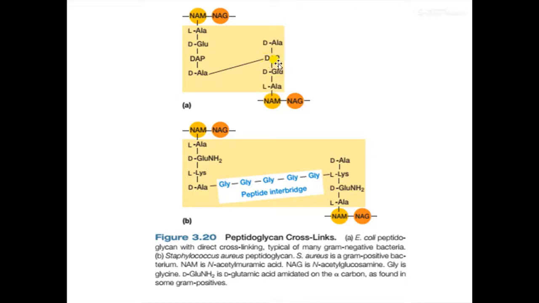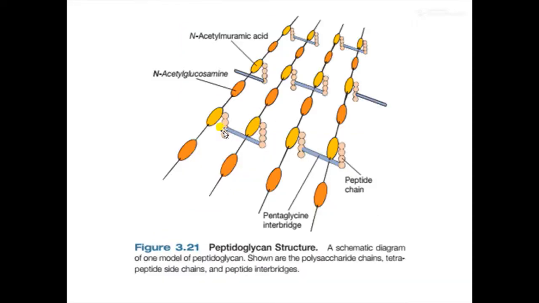Here it is DAP or the diaminopimelic acid. So the NH2 group of DAP is being attached to the COOH group of alanine by a peptide bond to form the peptide interbridge. Now what is this peptide interbridge? You can have a look here. It is similar to this blue color which is being depicted over here.